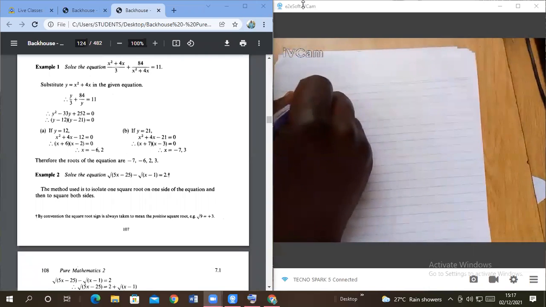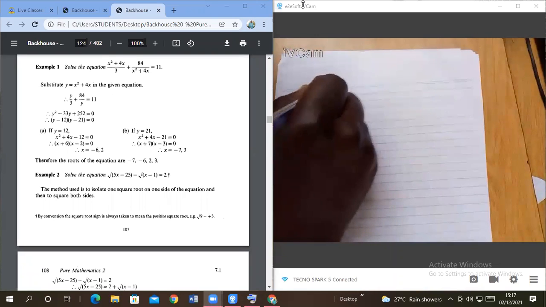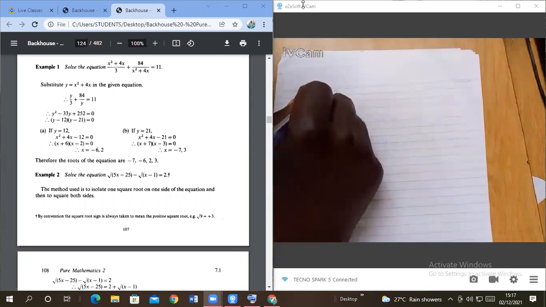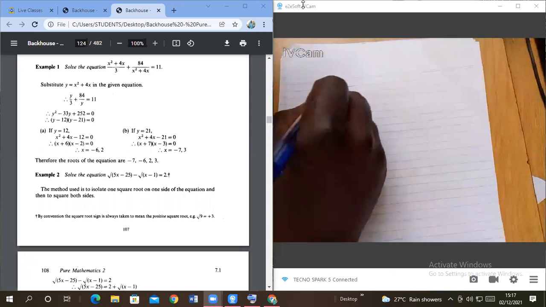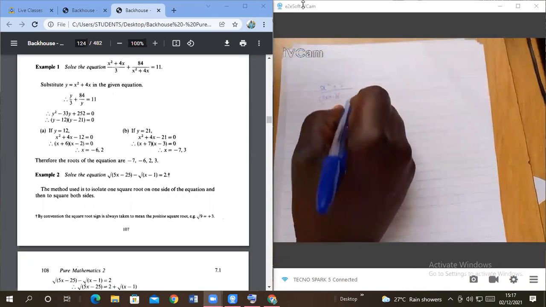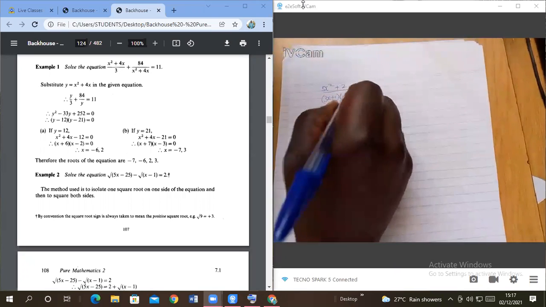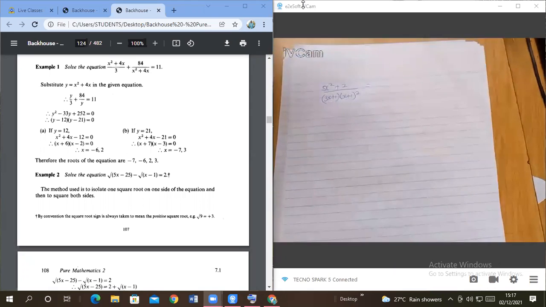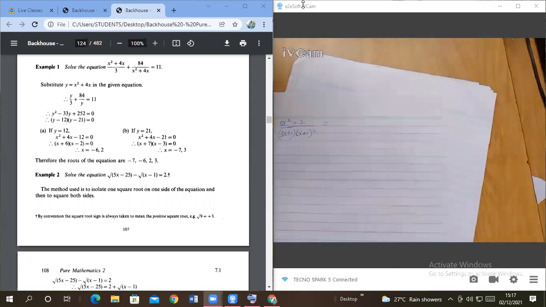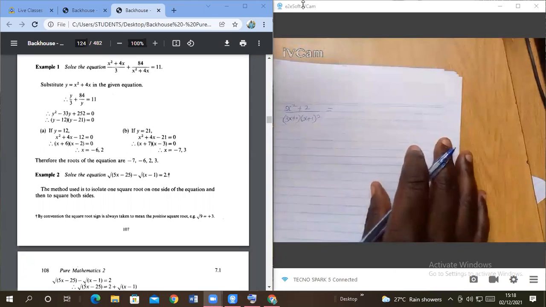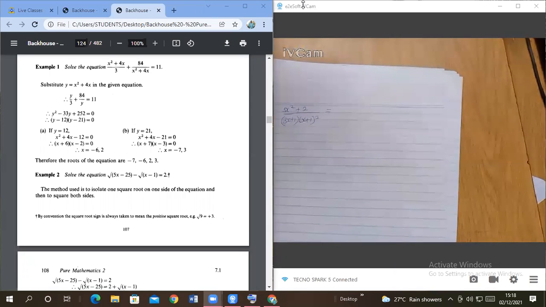Yes, what is it? It is 5x squared plus 2 over open brackets 3x plus 1 close the brackets, then open brackets x plus 1 squared. Okay, is this proper? It's proper, sir.